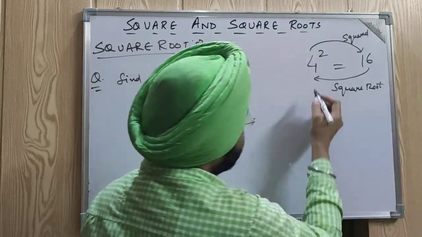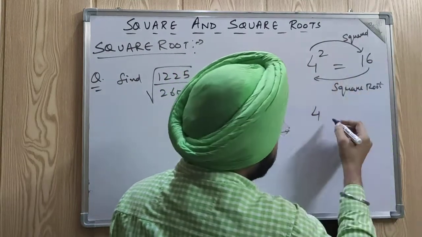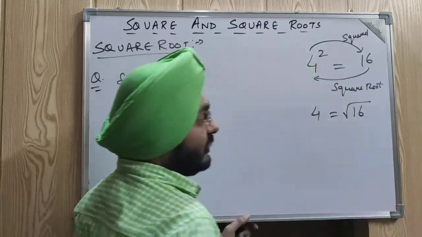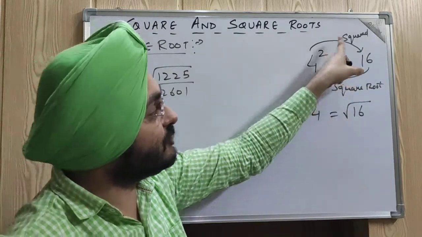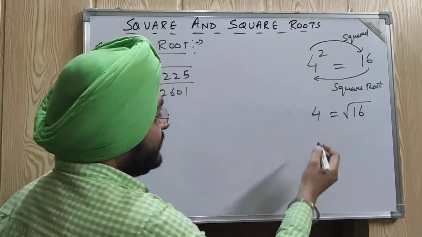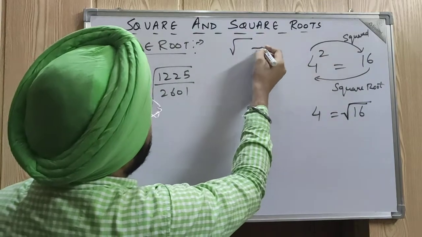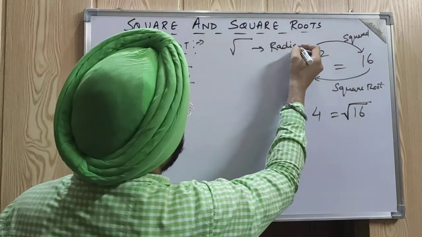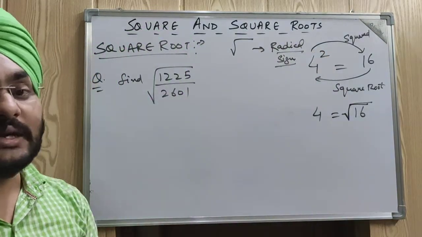If you take this square to the other side, it becomes a square root. Basically, this sign you are using is known as the radical sign.